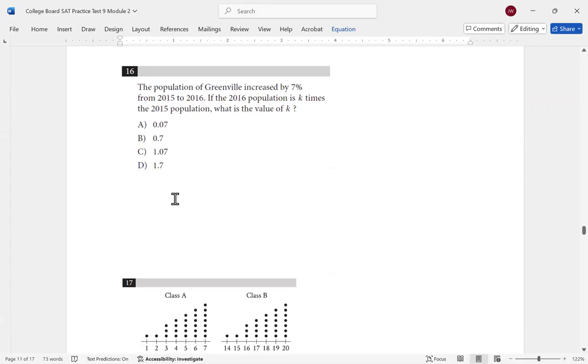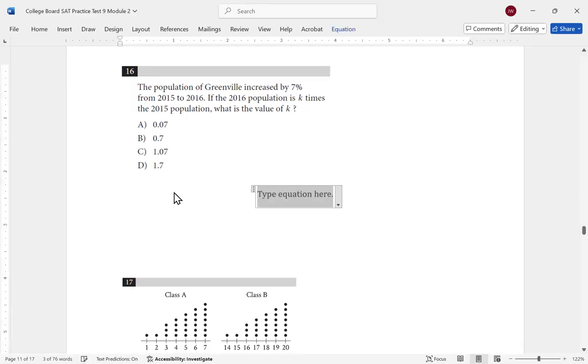Question 16. The population of Greenville increased by 7% from 2015 to 2016. If the 2016 population is K times the 2015 population, what is the value of K?